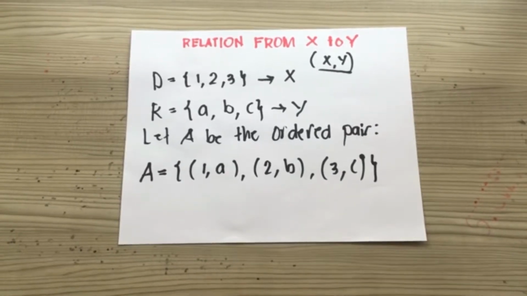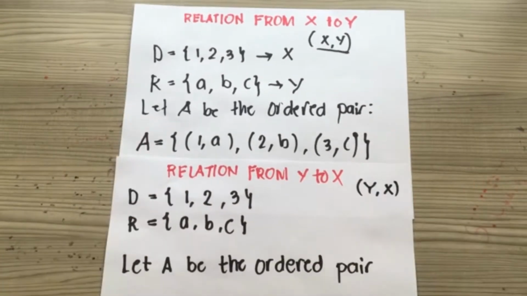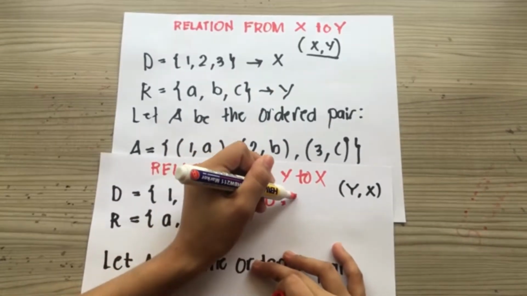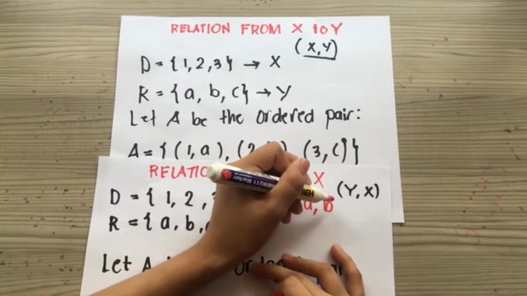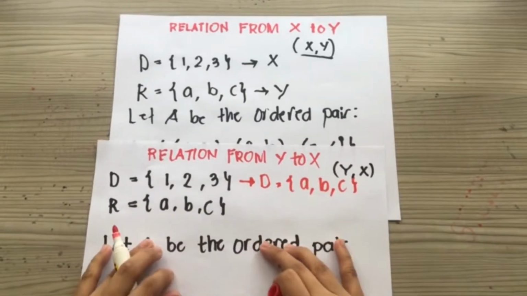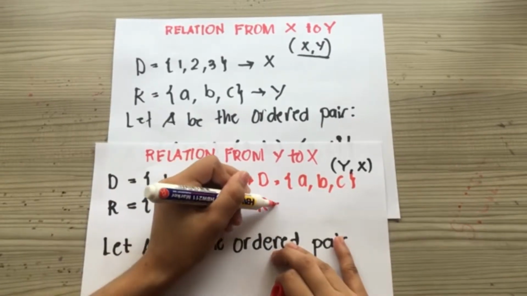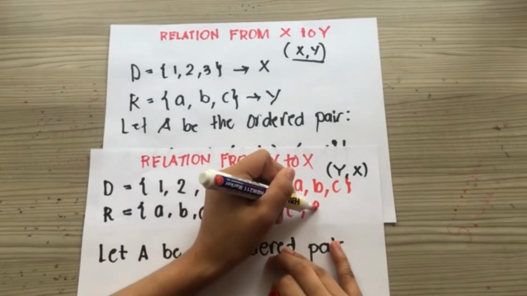Given the set of values from the previous example, this time, the domain would be A, B, and C, and the range would be 1, 2, and 3.